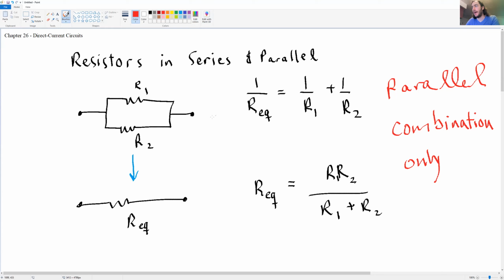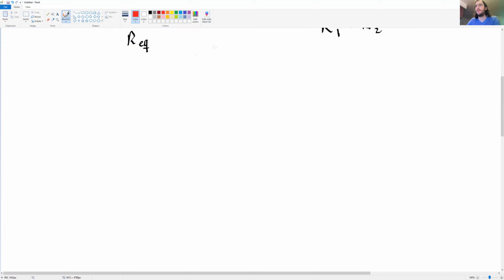Let's take a look now at series combination. So two resistors in series looks like this. Here's an R1 and here's an R2, like so.